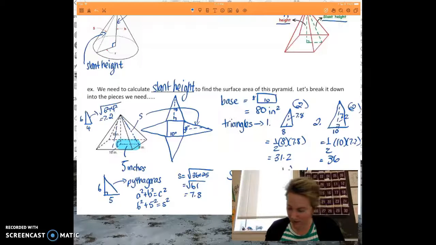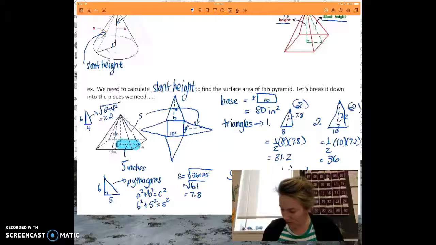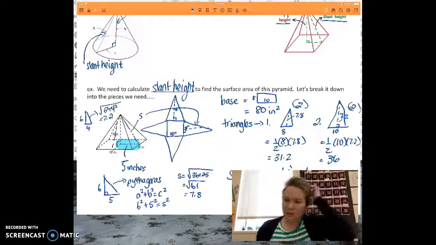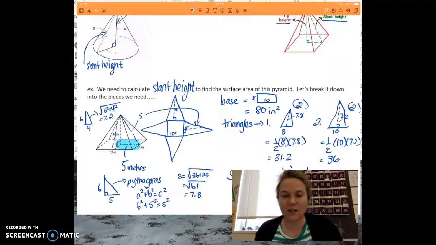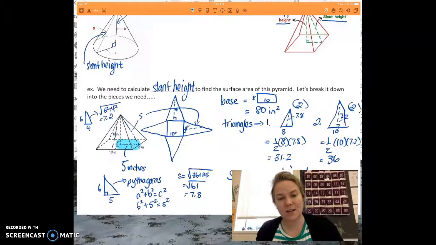Add all of that together and you get 214.4 inches squared. So you can see that it's the same concept as doing the surface area of any of our prisms. It's just we have to calculate that slant height. So it's got a couple extra steps, but it really is very similar.